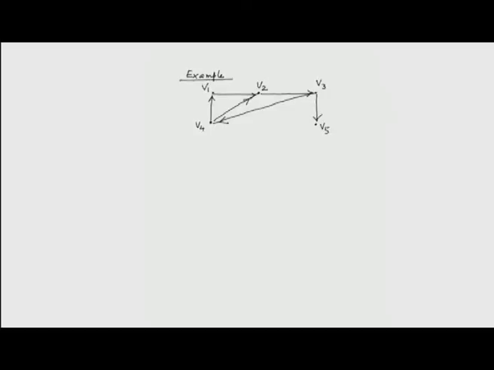So, the underlying set of vertices, or the set on which the relation is defined, is V1, V2, V3, V4 and V5, and we would like to know the relation.